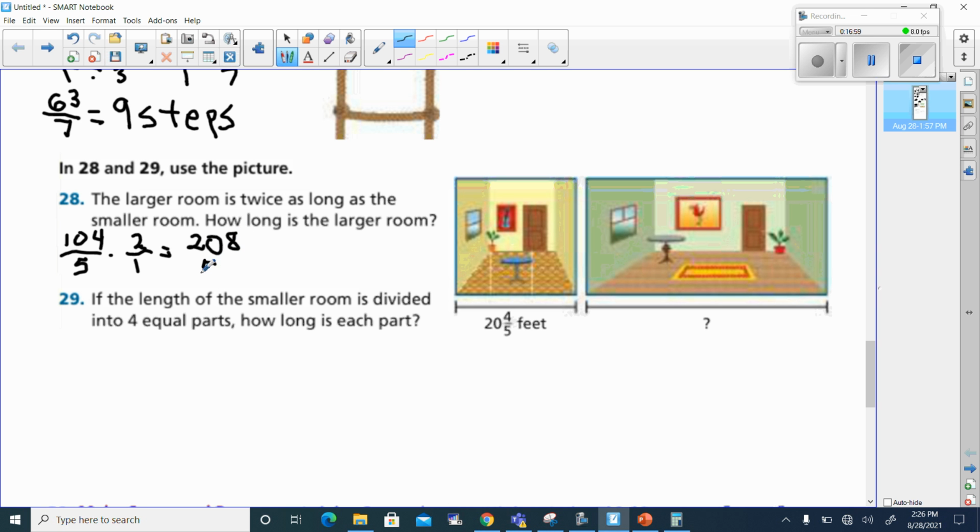over 5. We know that every fraction is really a division problem. So this is really 208 divided by 5. 5 goes into 20 four times, leaving me 8.